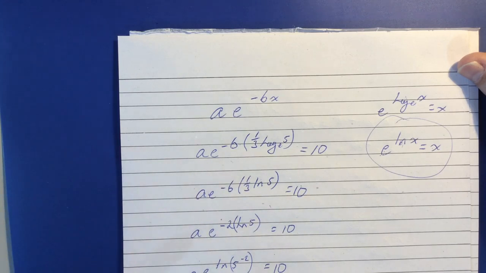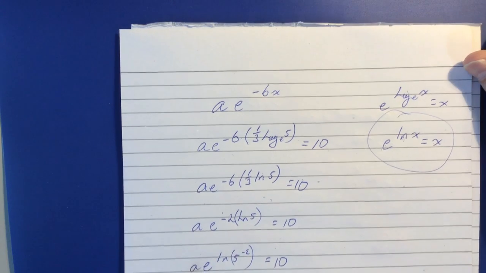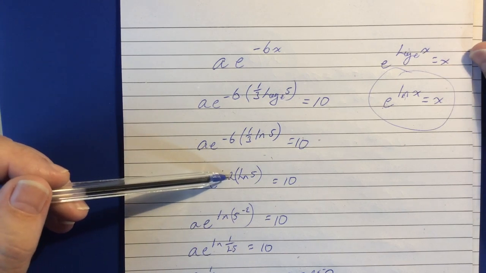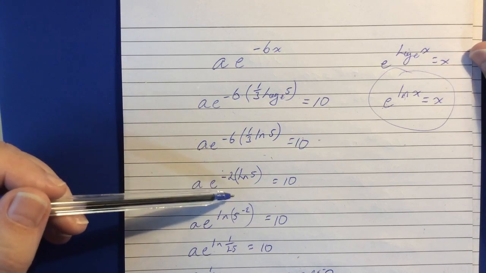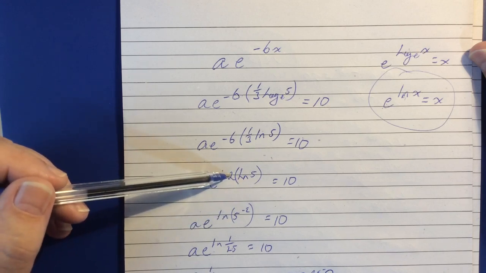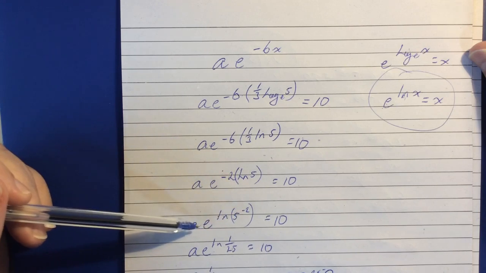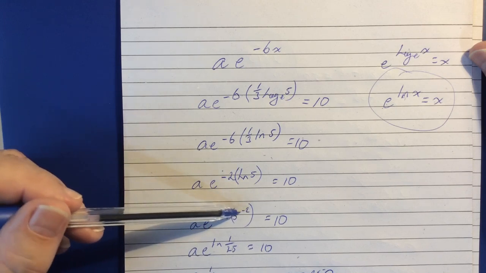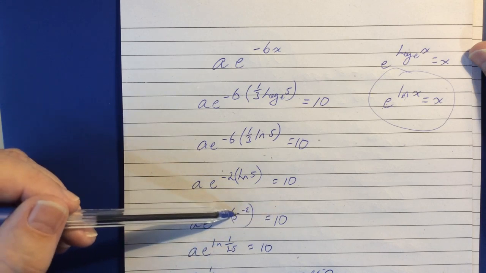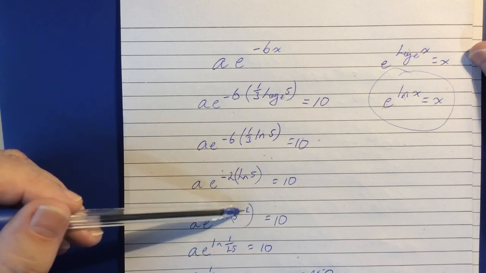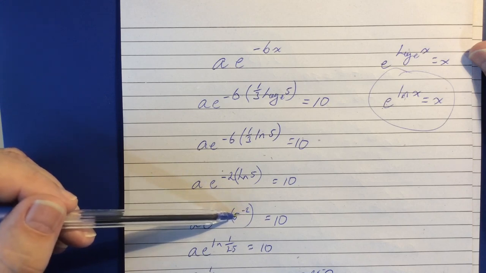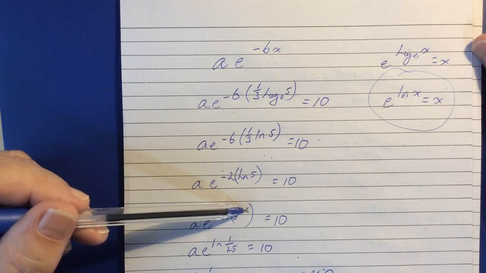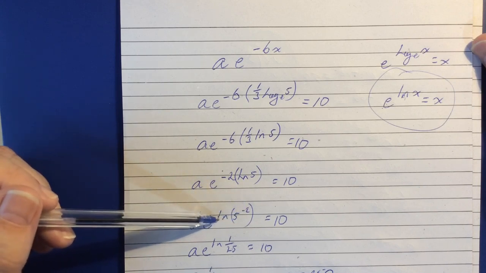So we can rewrite this as this, using the rule about the multiplication of logs. We can move this negative 2 to here. So what we know now is that a e to the power of this is equal to 10, and this we can write as 1/25. It's really up to you whether you do this first or you get rid of the log.